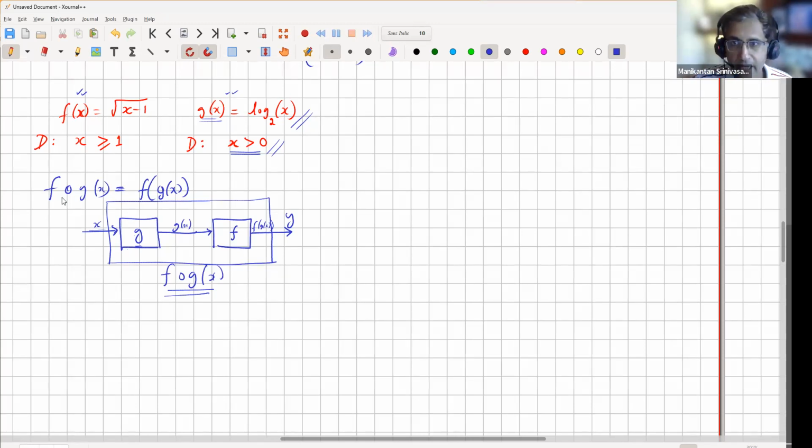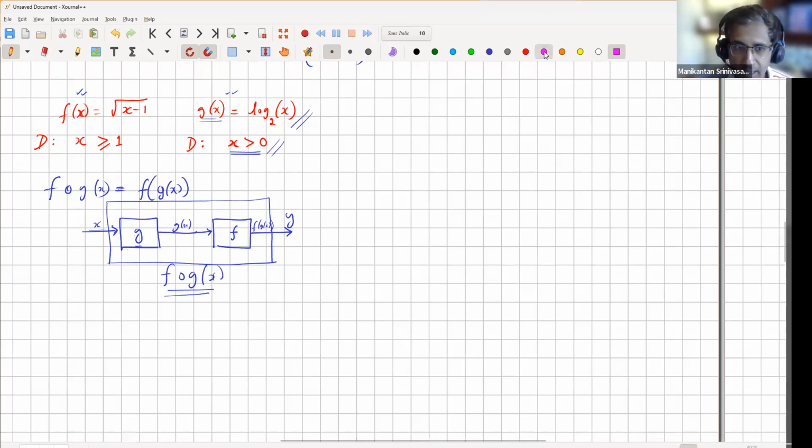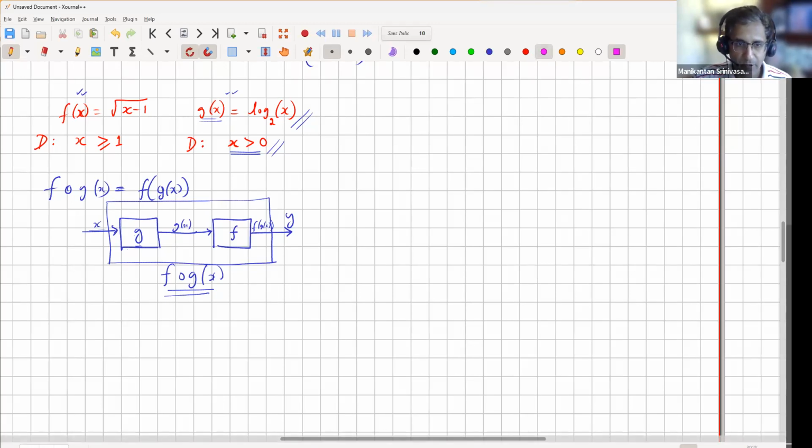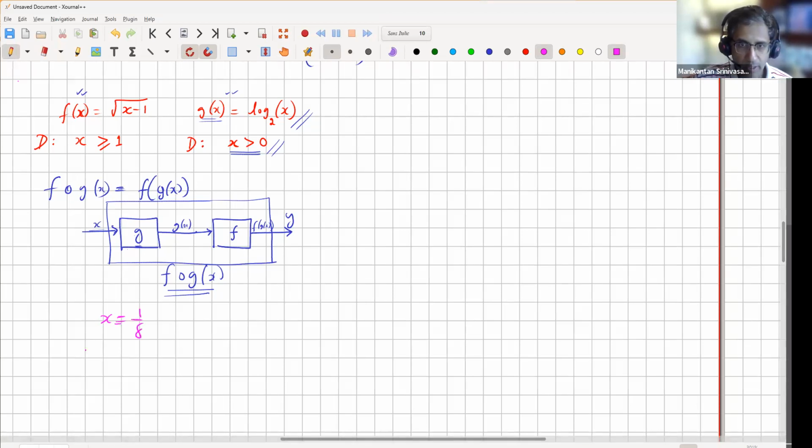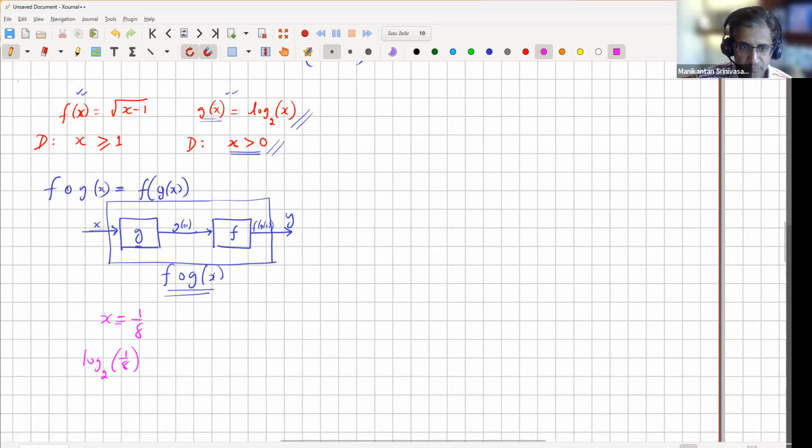What do I mean by that? Let's take an example. Suppose x is 1/8. I don't want too many 2's. So what is log of 1/8 to the base 2?